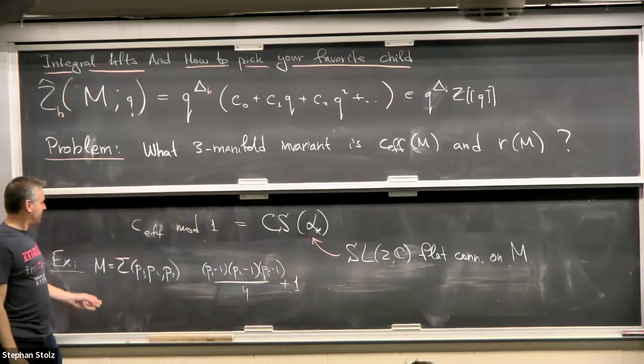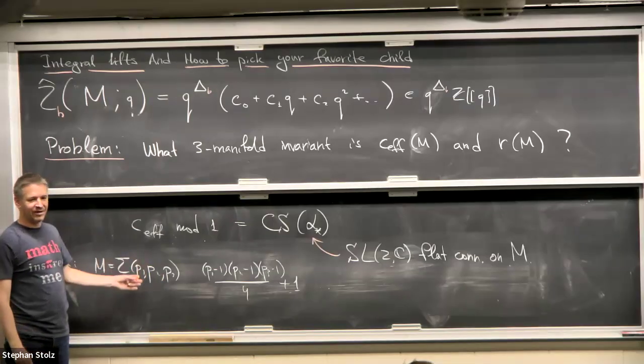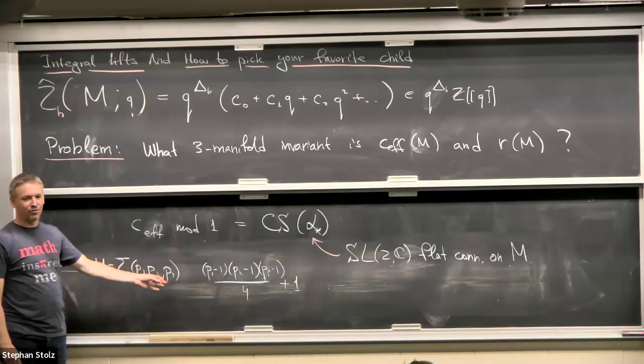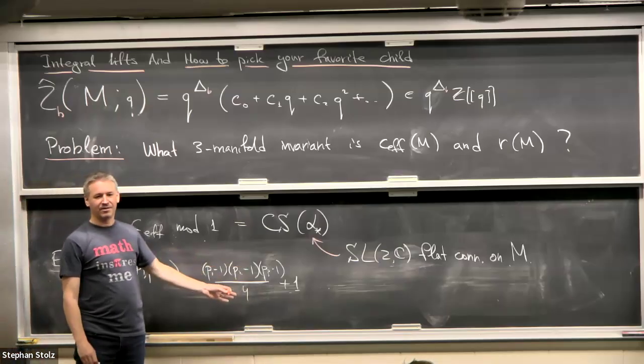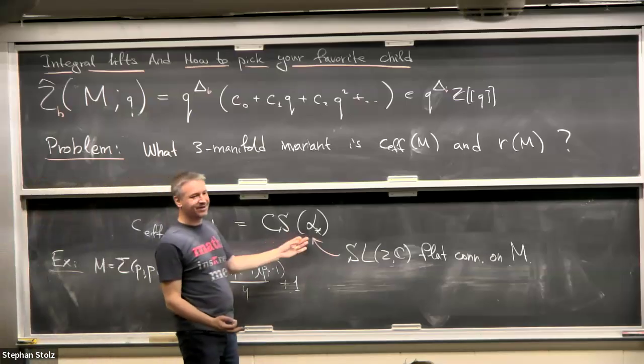If I pick P1, P2, P3 on the order of a dozen, like 11, 13, 24, then this is going to be around 100. So out of 100 flat connections, which one is this?